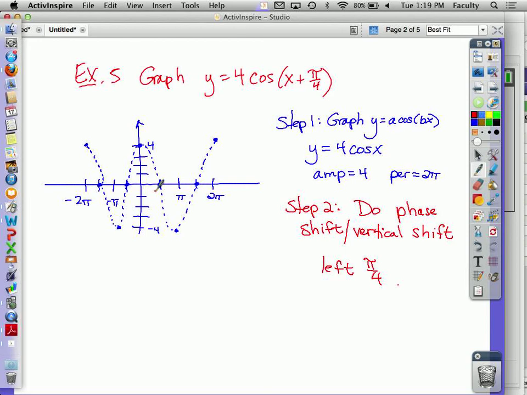And so what you're going to do is look at each point, and move half of a tick mark left, like this. And there you have it.